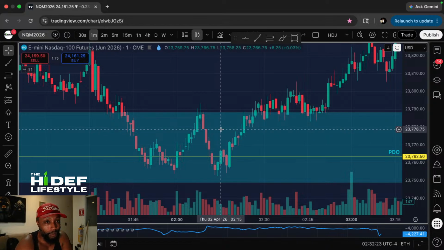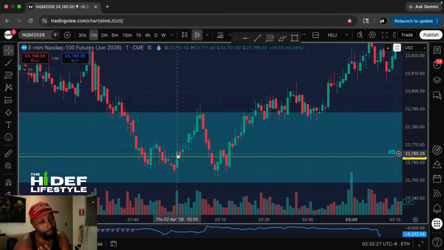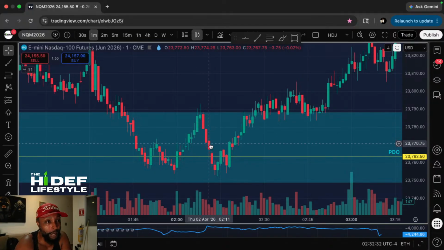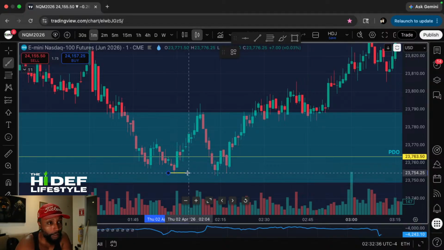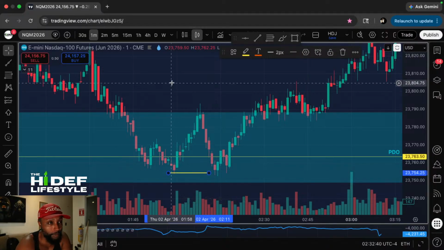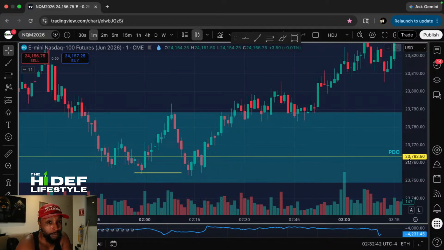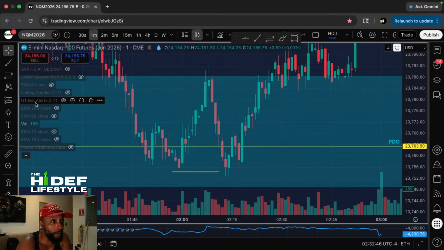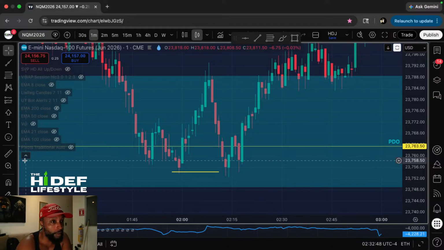So when I saw, again, an aggressive push to the upside, and then it came down and swept this liquidity on the 1 minute. Look at that sweep. Let's make that bigger so you can check it out. Close this volume out.